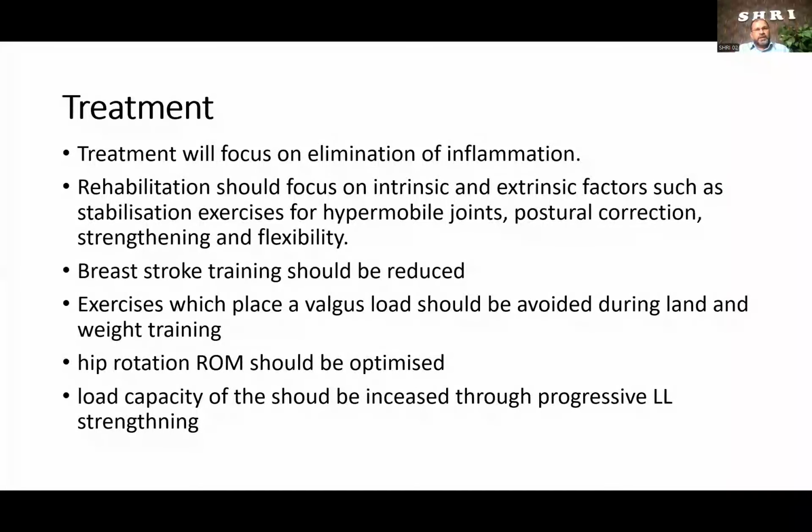So exercises which are given to them should reduce the valgus load. The other one is hip rotation range of movement should be optimized. So we have to give range of motion exercises to the hip also to reduce back pain.